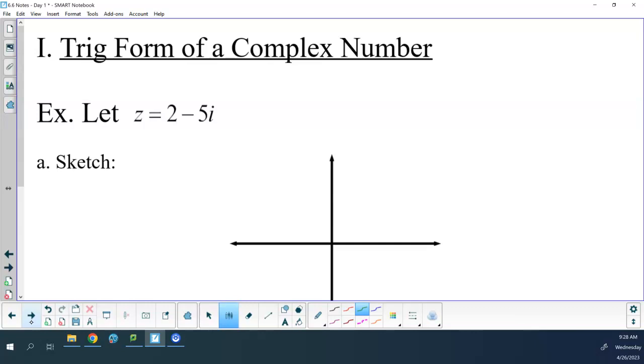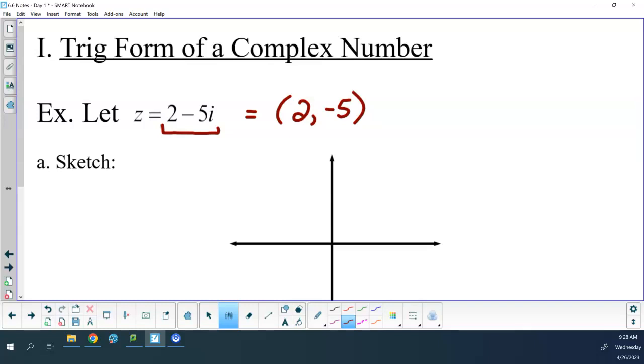Now, you've seen a lot of this stuff already, so we can figure out how to find a's and b's. So let's make our complex number be 2 minus 5i. In terms of the point in the complex plane, that would be the point 2, comma, -5. Do we all agree with that?